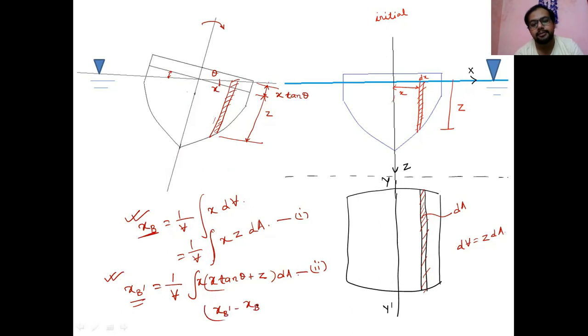That is the displacement of center of buoyancy: xb dash minus xb, which is nothing but 1 by volume x square tan theta dA, because xz dA will be cancelled out. So that is the displacement.